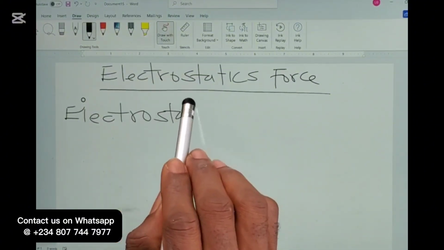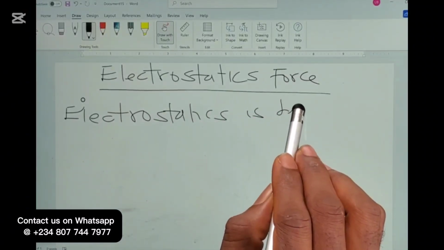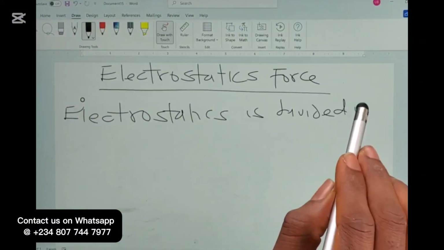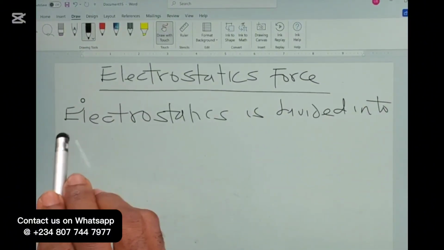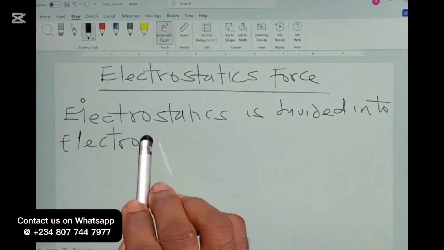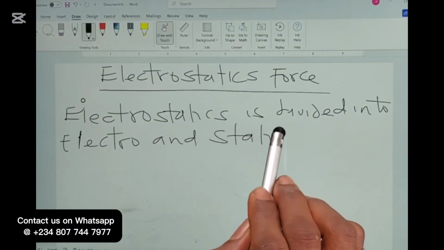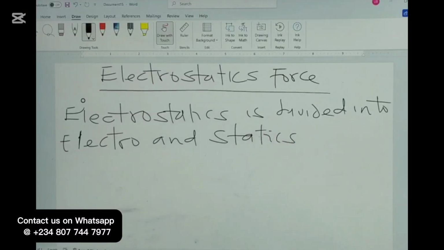Electrostatics is divided into electron and statics. So now let's know what electron is and let's know what statics is.